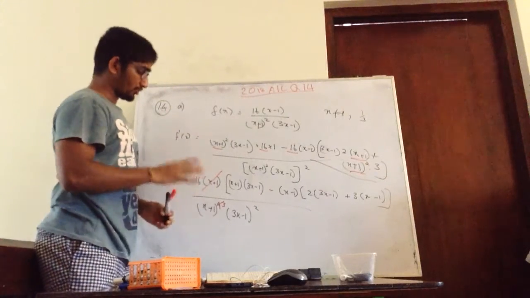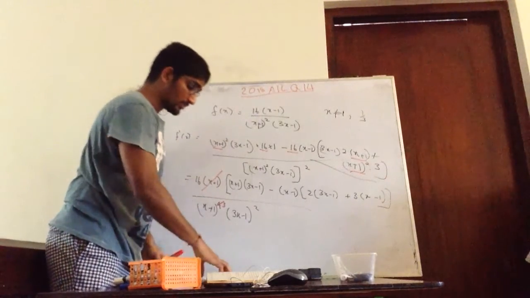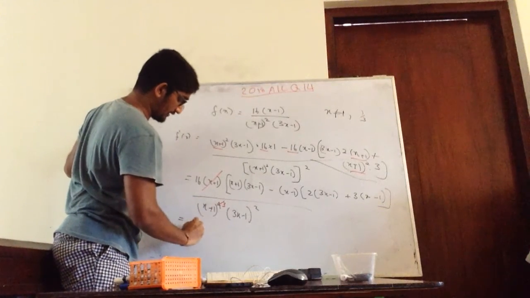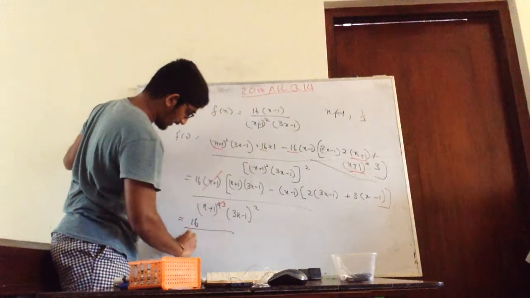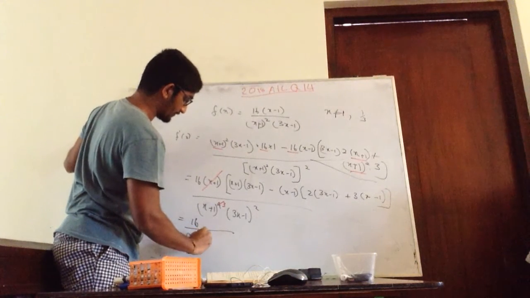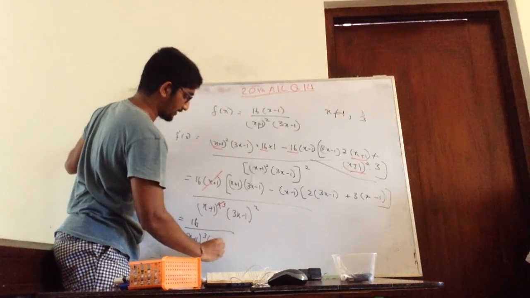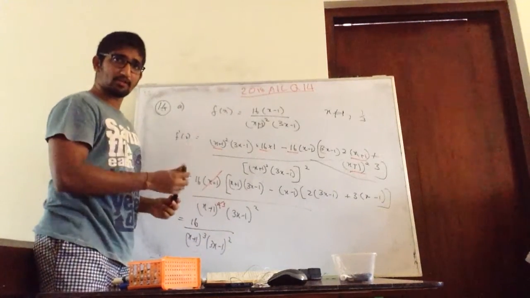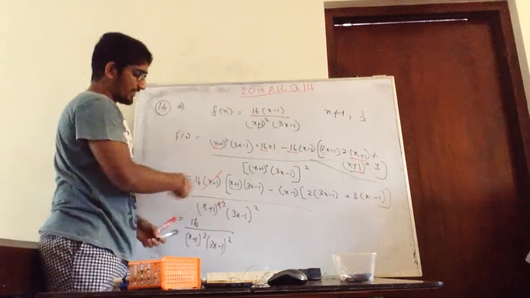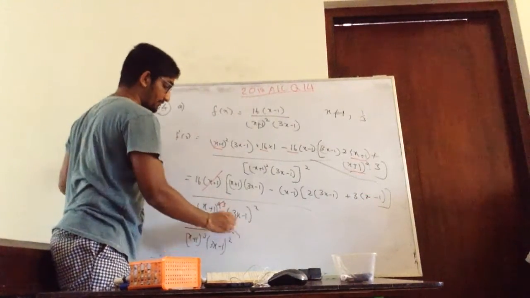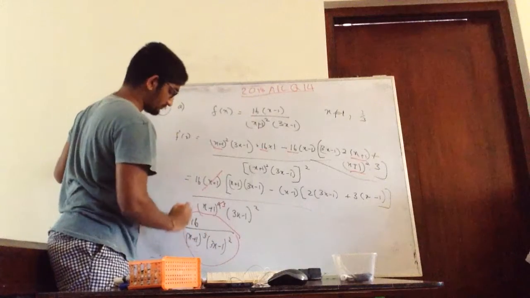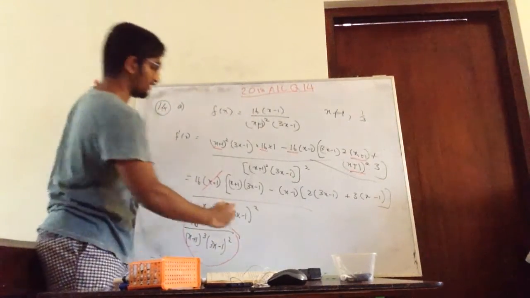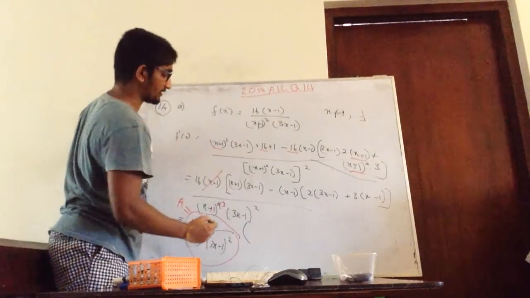Right? So then I'll get 16(x + 1)³(3x − 1)². Now this part will be repeated all along, so I'll name this as A. Then I need to simplify this out.